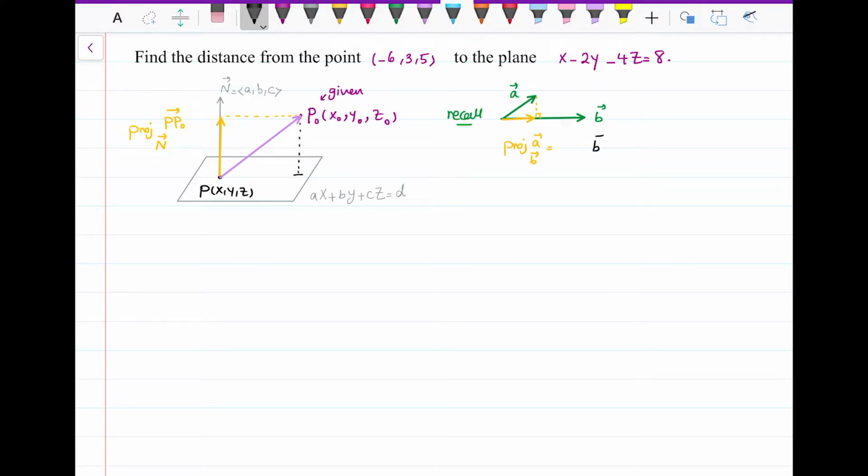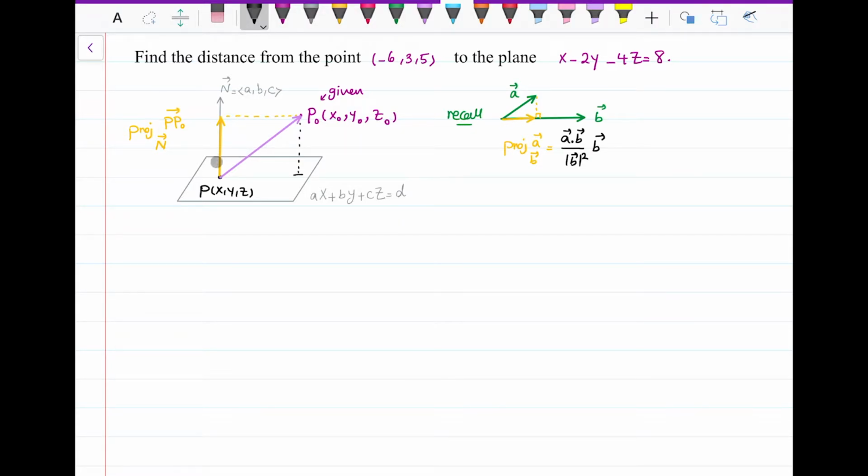The scalar is a dot b, which as you know is a number, over the length of b squared in the denominator. So I have a number times b. This yellow vector here is called the projection vector.